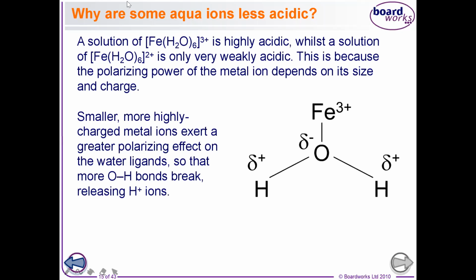So smaller, more highly charged metal ions exert a greater polarizing effect on the water ligands, so that more oxygen-hydrogen bonds will break, releasing more hydrogen ions. So it will become more acidic.